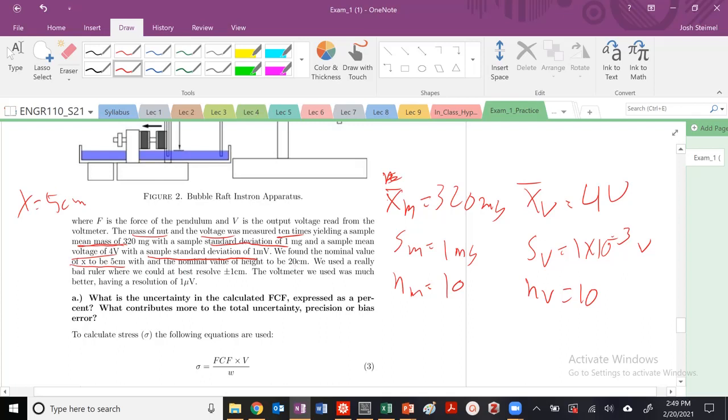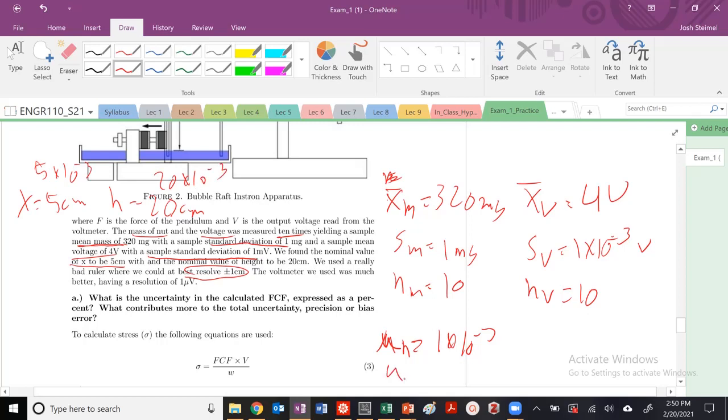The height, h, is equal to 20 centimeters, and we used a really bad ruler where the best we could resolve was plus or minus a centimeter. Again, we want to make sure that these are all in meters: 5 times 10 to the minus 3, 20 times 10 to the minus 3.